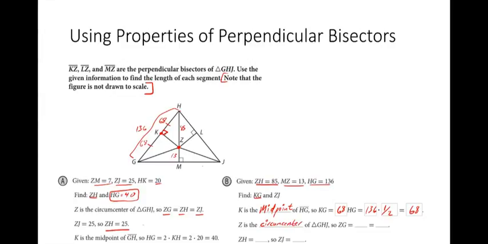So ZG has to be congruent to HZ and has to be congruent to ZJ. That's something to notice. So if ZH equals 85, which they gave us, ZJ also has to be 85. So we just found our second thing they were looking for.